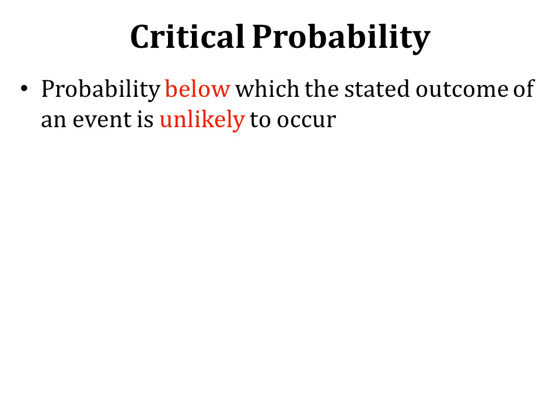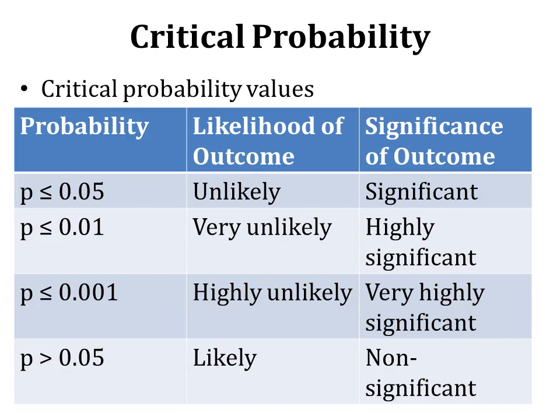Then the critical probability, which is very important in statistical analysis. Critical probability is the probability below which the stated outcome of an event is unlikely to occur, and it is decided arbitrarily. These are the levels of critical probability which are used in statistics. The first level is a probability of 0.05.